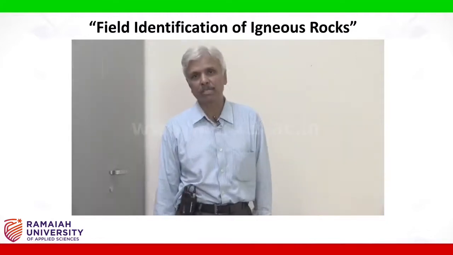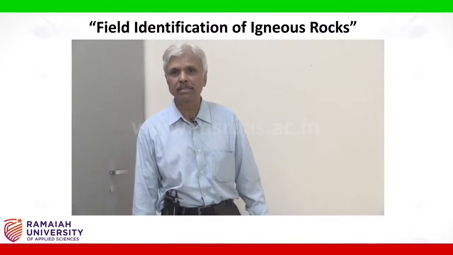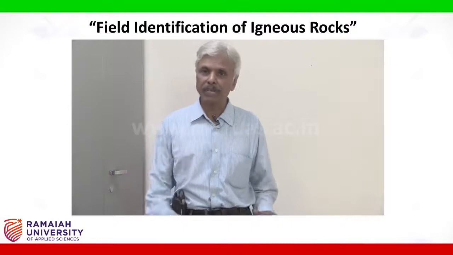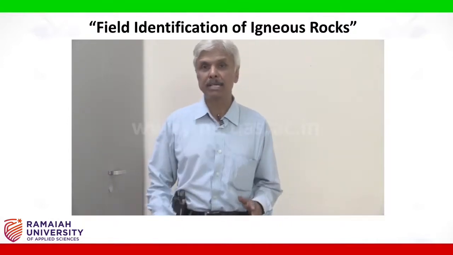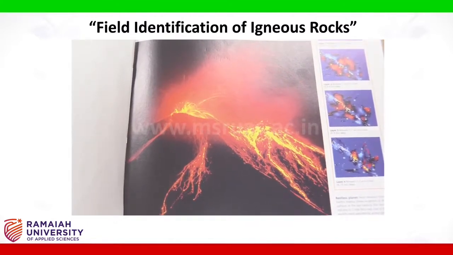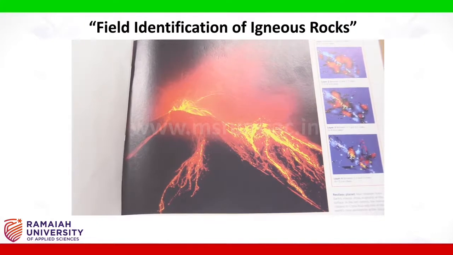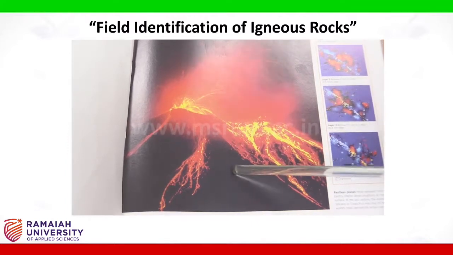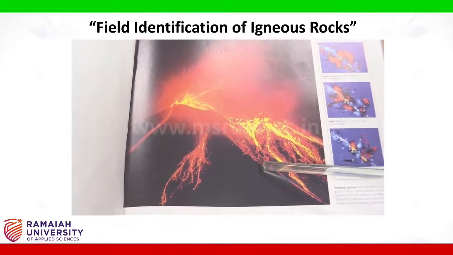What are igneous rocks? Igneous rocks are the rocks that are formed due to the crystallization or solidification of the molten material called the magma. Igneous rocks are broadly classified into two types depending on the origin. The rocks that are crystallized from the magma inside the earth are called intrusive rock.